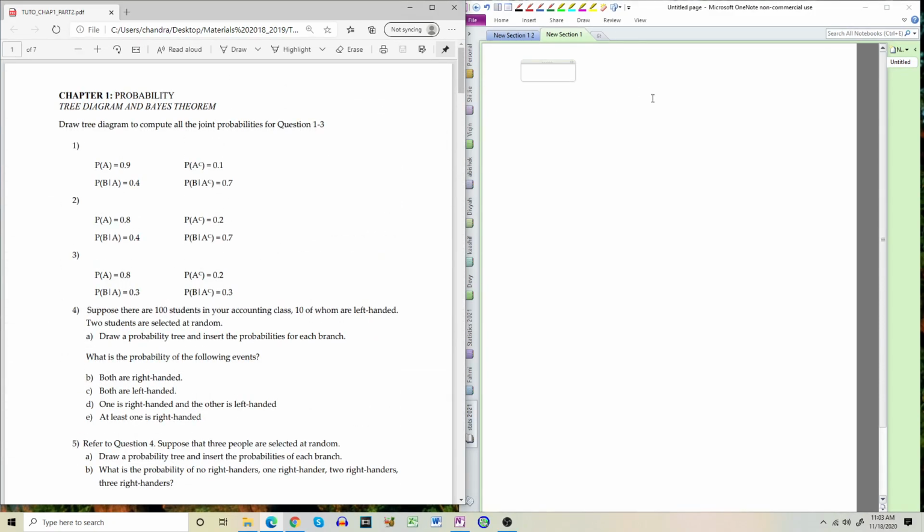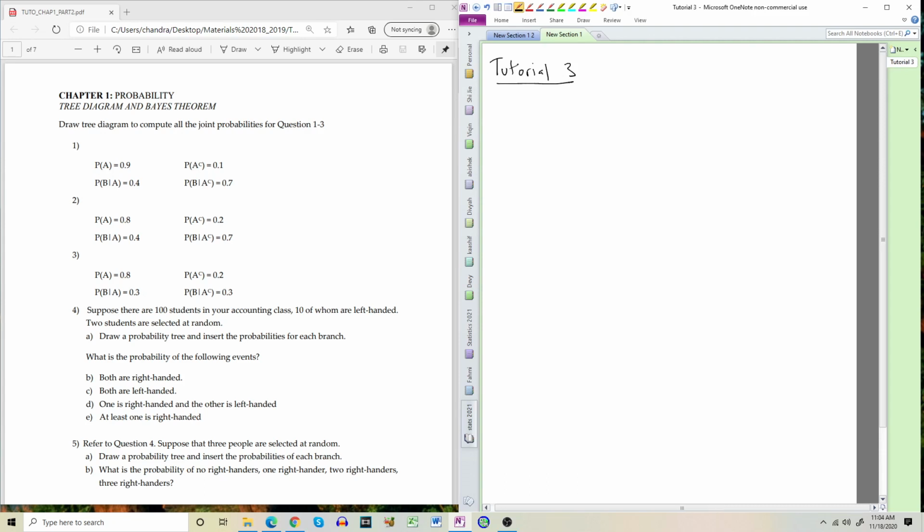Draw a tree diagram to compute all the joint probabilities for questions 1 and 3. So I'll do number 1 first.